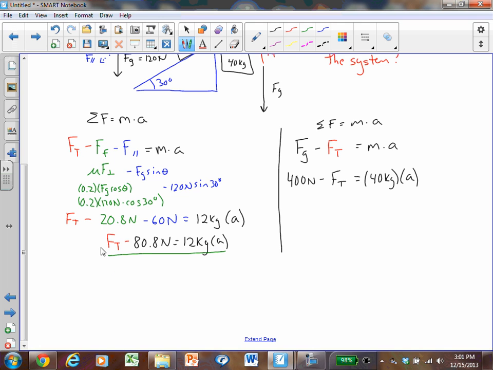So Ft would equal 12 kilograms times A plus 80.8 newtons. And then we'll bring that up here and plug in.